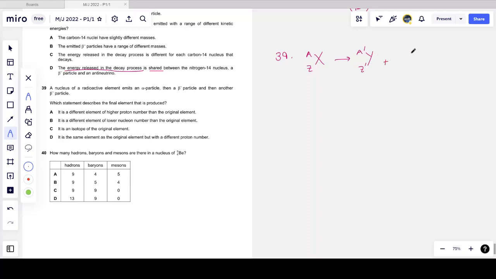And in the process, we are told that an alpha particle is formed. Remember, alpha particles are helium nuclei, 4-2. A beta particle, -1-0, beta minus particle, and another beta minus particle.